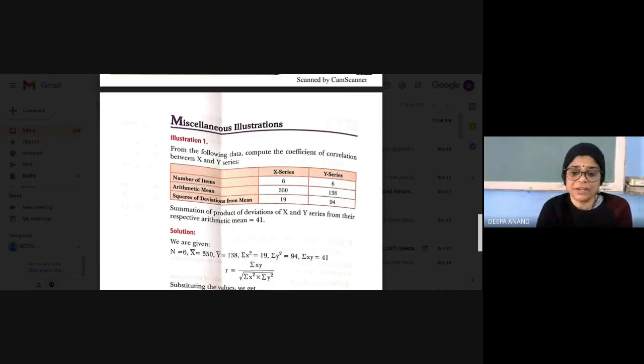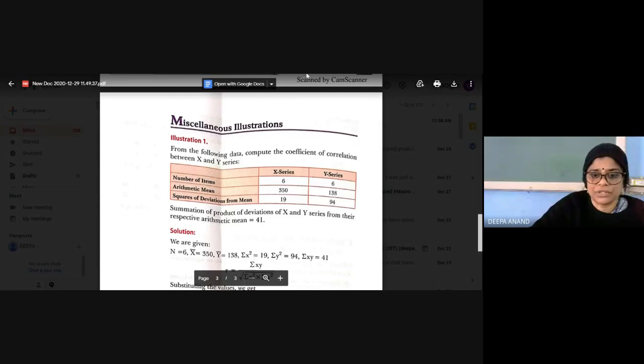And what is being asked? You are being asked to find out the coefficient of correlation. And you know the formula of coefficient of correlation. With this much detail, the formula is sigma xy upon root of sigma x square into sigma y square.